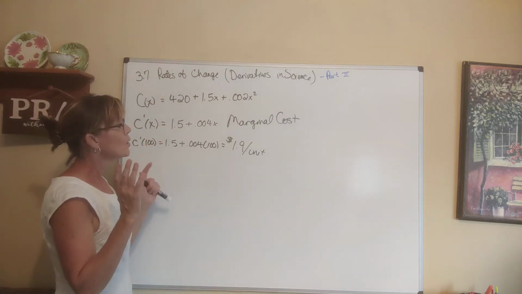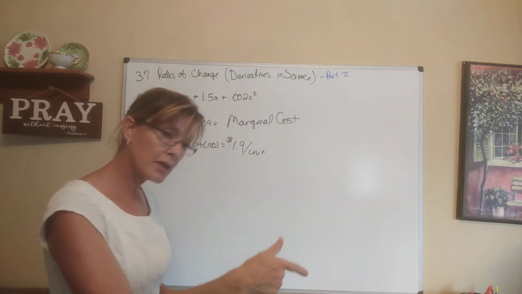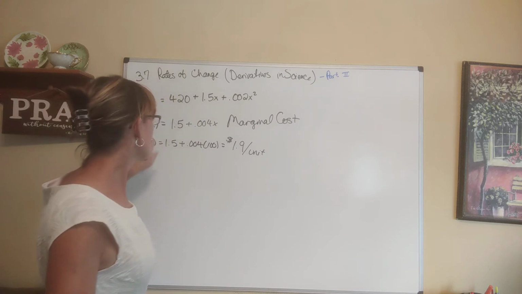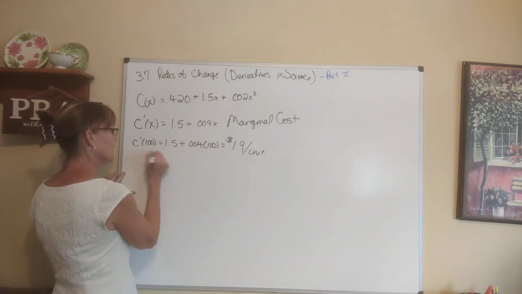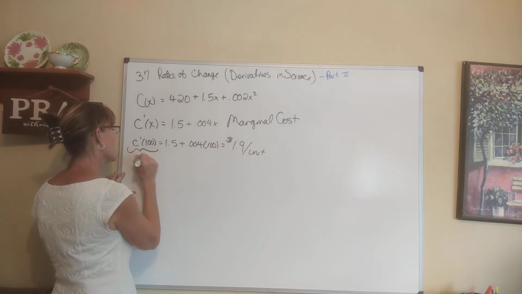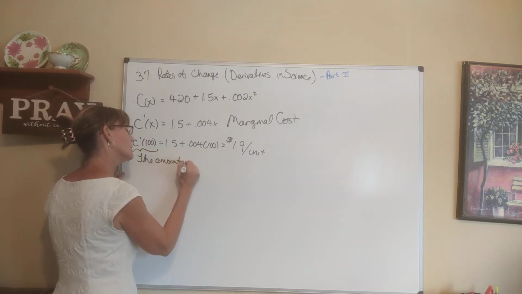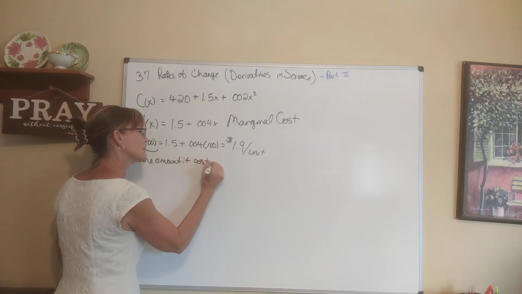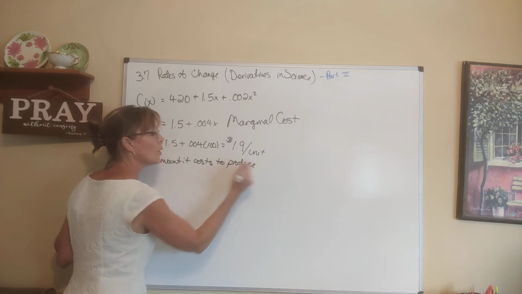So it's saying, well, how much does it cost to produce the 101st unit? So you'll find that the marginal cost, C prime of 100, is telling you the amount it costs to produce 1 unit more.